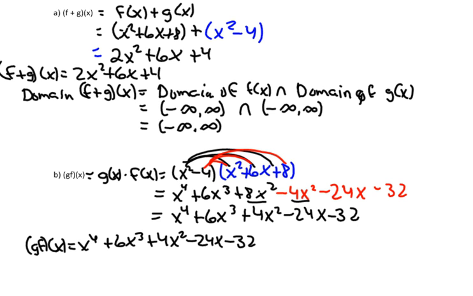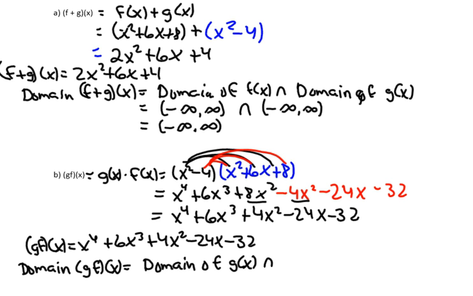All right, let's take a look at the domain then. Now, that's going to be the domain of g of x intersecting the domain of f of x. Well, we already did this in the previous problem.